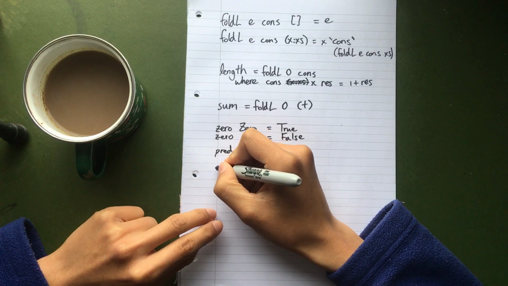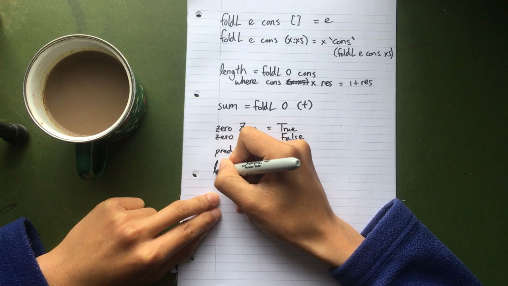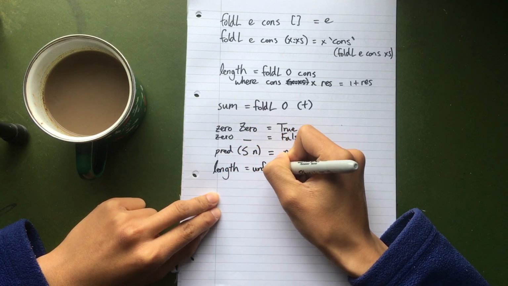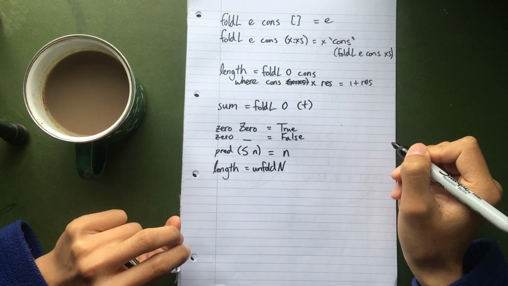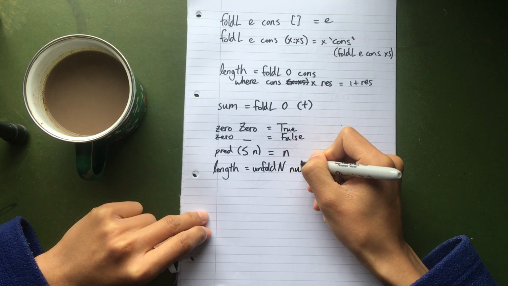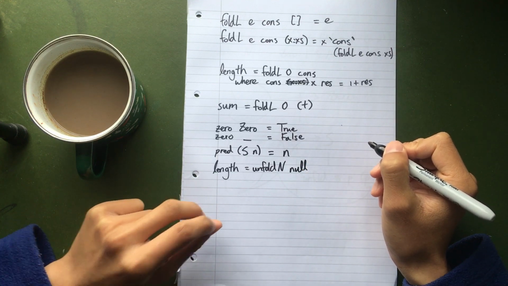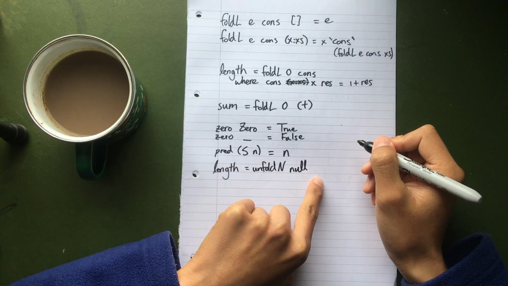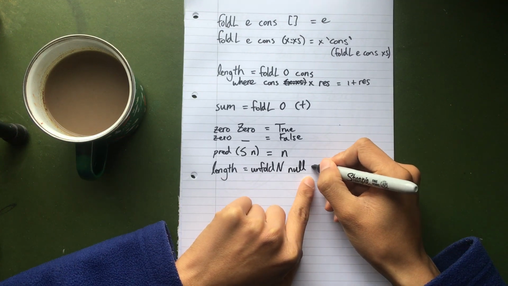Okay, so length as an unfold to natural numbers. We're going to say that the length is 0 when we see the empty list. I'm going to call that null. Null returns true if we have an empty list and false otherwise. And here, our predecessor function is going to be the tail of the list.